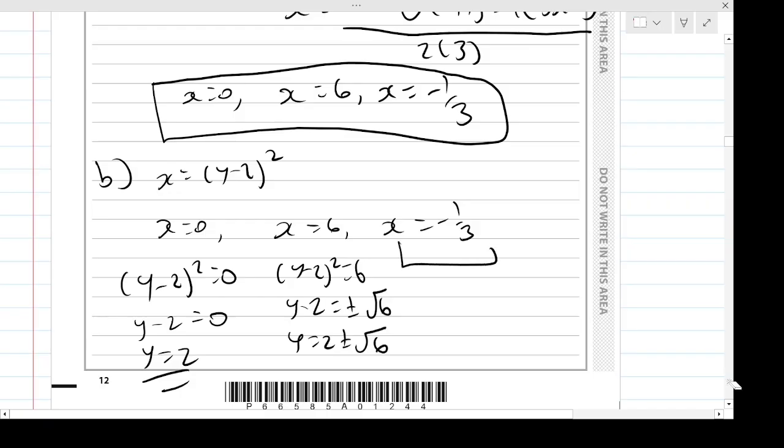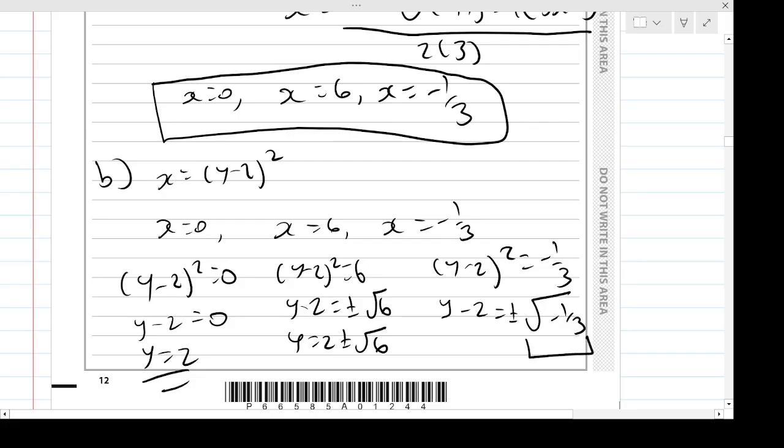Then lastly here, x is minus a third, so y minus 2 squared is minus a third. If I was to root it, plus or minus root of minus a third, that cannot happen. You cannot root a negative, at least for normal maths.